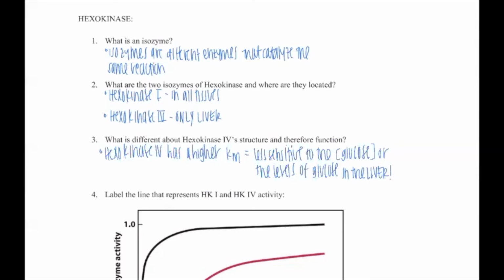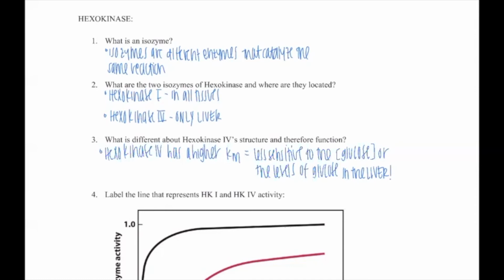So this is what we talked about in the previous question, where they are located, as well as combining in that hexokinase 4 has a higher K sub M, right? K sub M just means that it is less sensitive to the glucose concentration, okay?